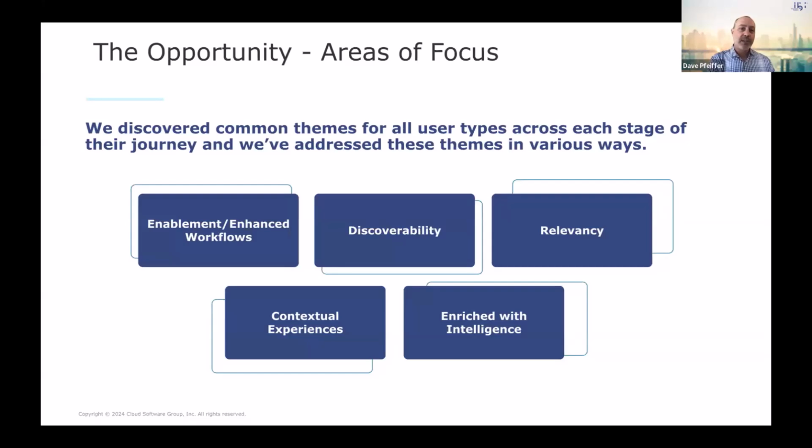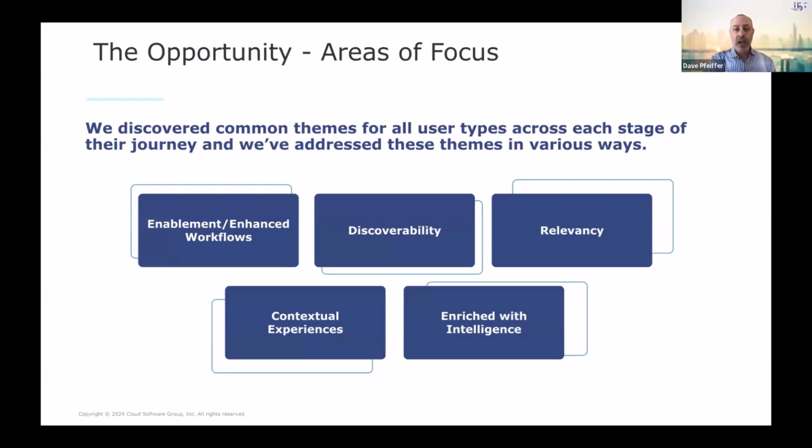And then what we ultimately do is look for these common themes, these common areas of focus that we can apply to multiple areas of the product. These are a couple of them. From all of our research, these 5 really stood out, no matter which type of user you are, which area of the product you use.